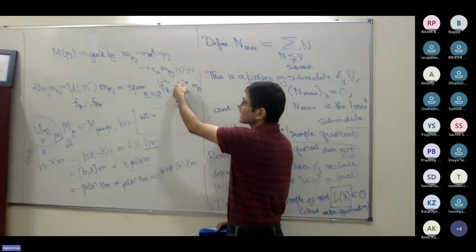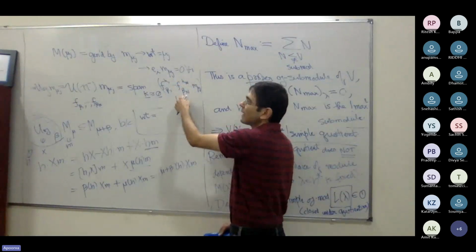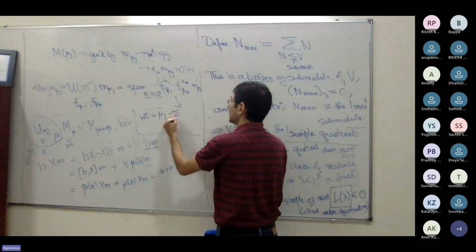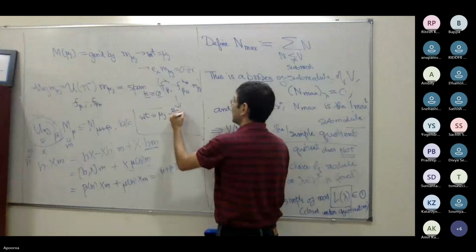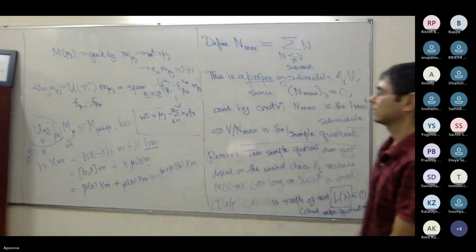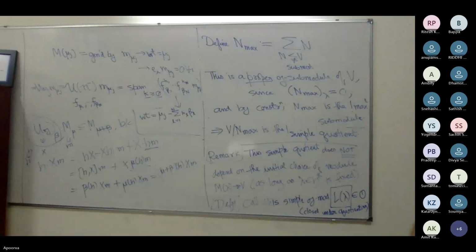If you act by h on this guy, you will get k_n times minus β_n. So it's μj minus the summation, let's say l goes from 1 to n, of k_l β_l.